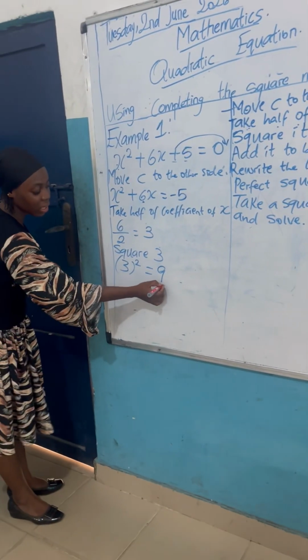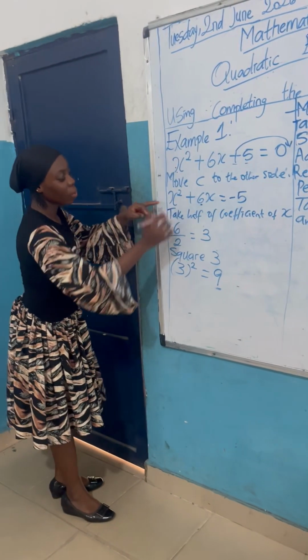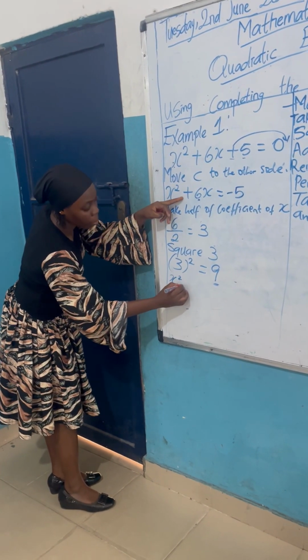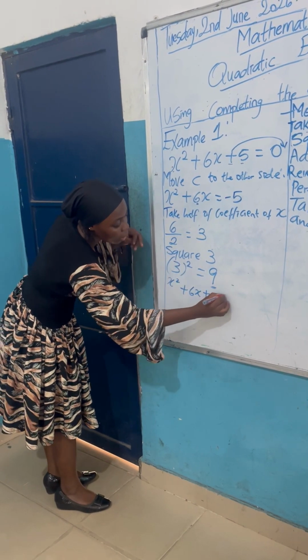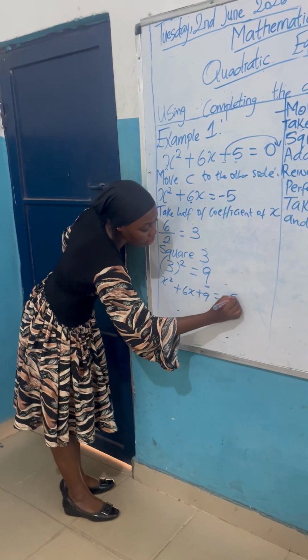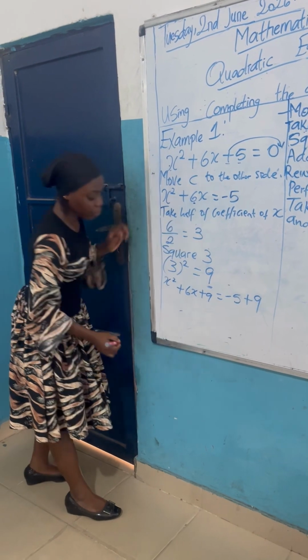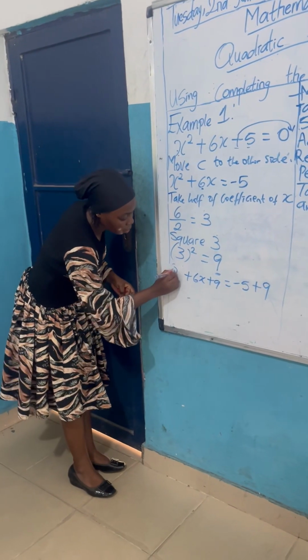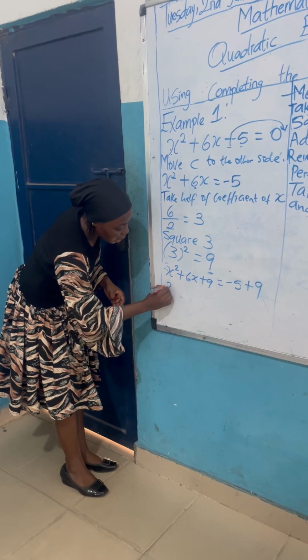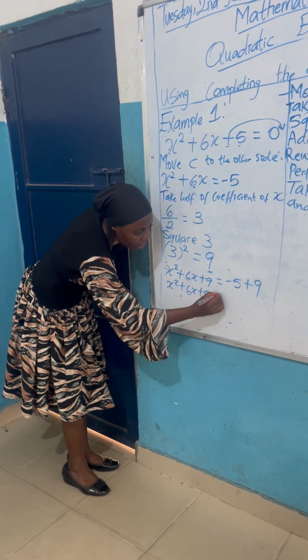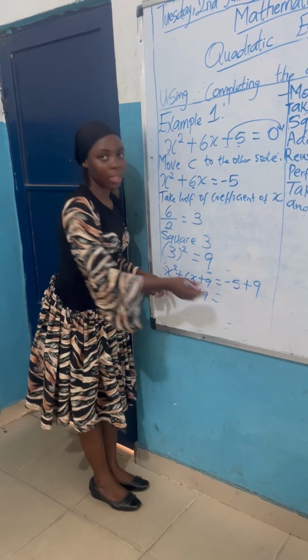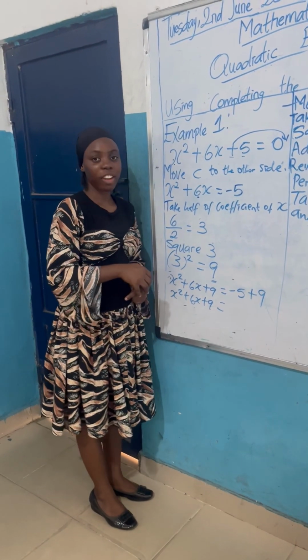We have to add this to both sides. So we have x squared plus 6x, then add this plus 9, equals minus 5 plus 9. x squared plus 6x plus 9 equals minus 5 plus 9. Now let me explain this minus 5 plus 9.